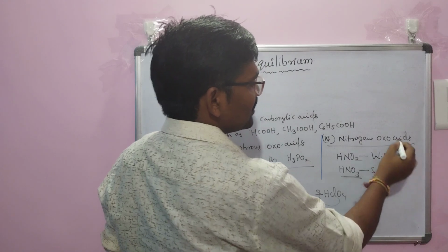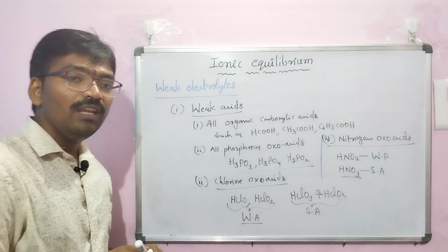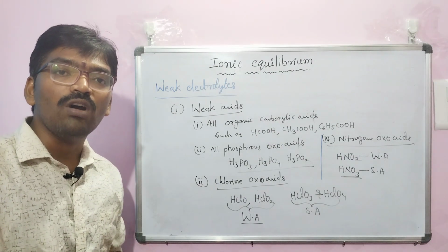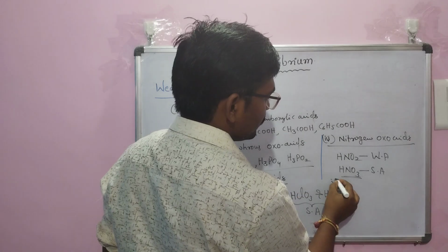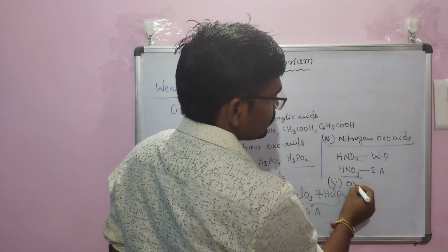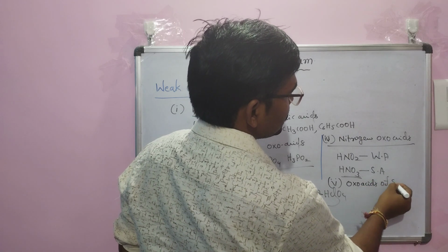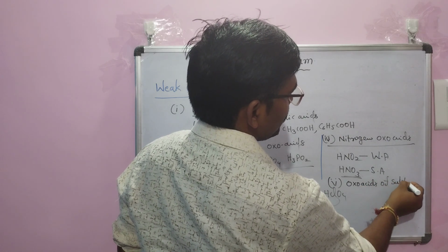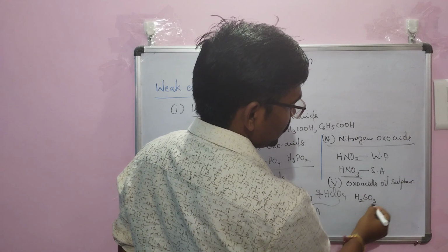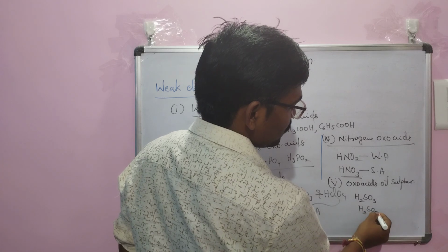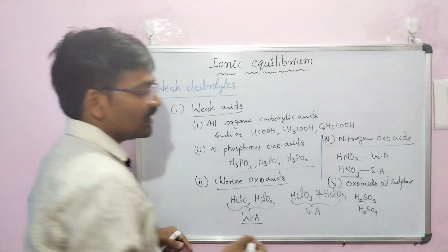So the first one is weak acid, the second is strong acid. Even oxo acids of sulfur are there. That is the fifth one: H2SO3 and H2SO4.